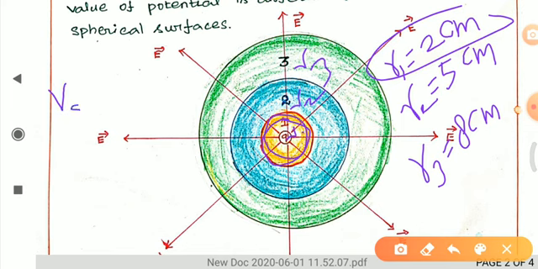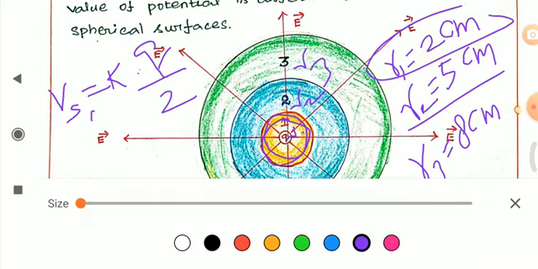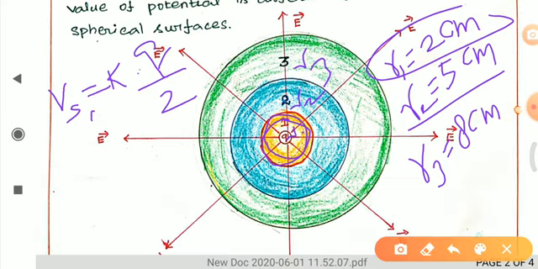We can consider Vs1 is equal to K into Q by 2. What about the second surface? It is given by Vs2 is equal to K into Q by 5.